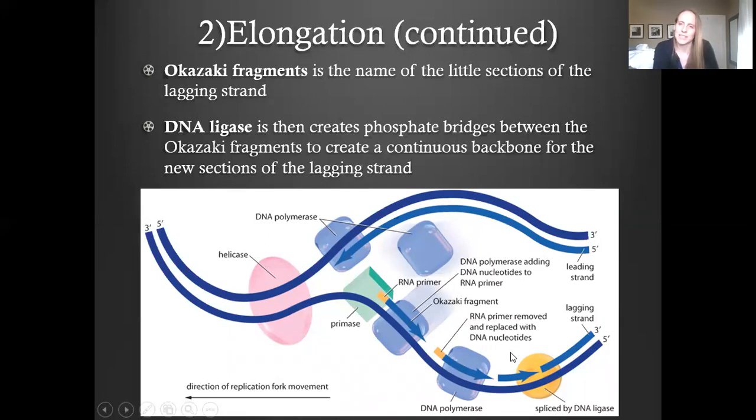So that's why it's built in these little tiny chunks. Those little chunks of the lagging strand are called Okazaki fragments. And they do have to be bonded together afterwards. And that bonding together is done by something called ligase, which just creates bonds along the backbone between the different Okazaki fragments.